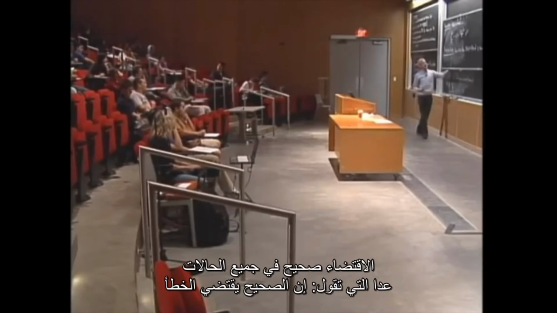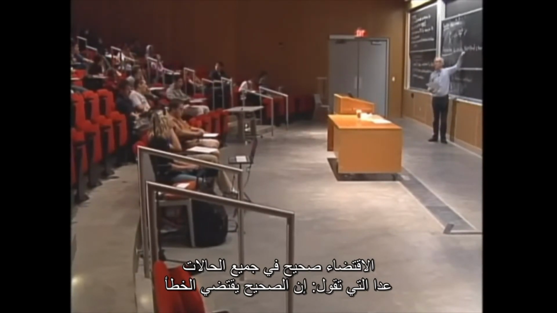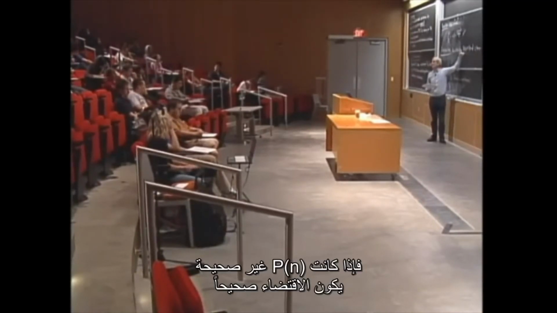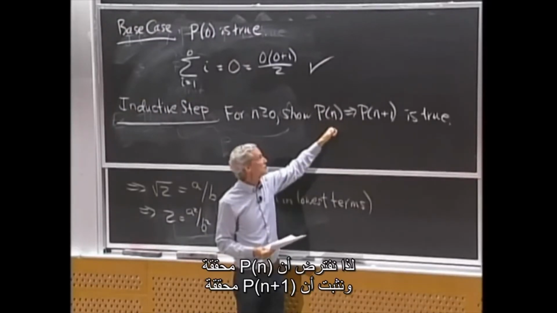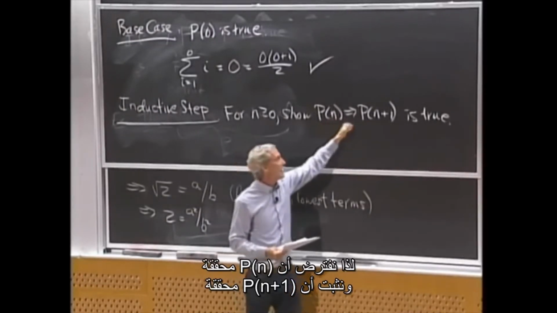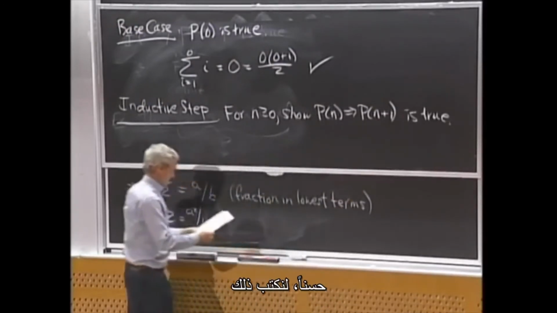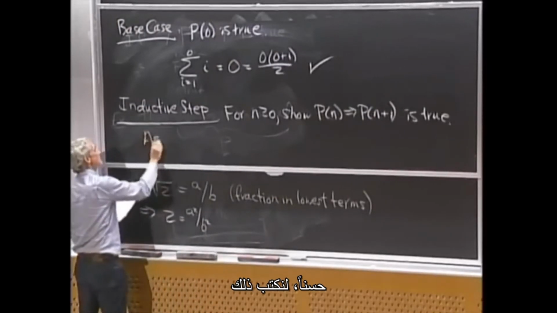Right, because an implication is true in every case except for true implies false. So if Pn is false, we're done. This implication is true. The only case we have to worry about is P of n is true. So we assume P of n is true, and now we confirm that that means Pn plus 1 is true. All right? So we write that down.